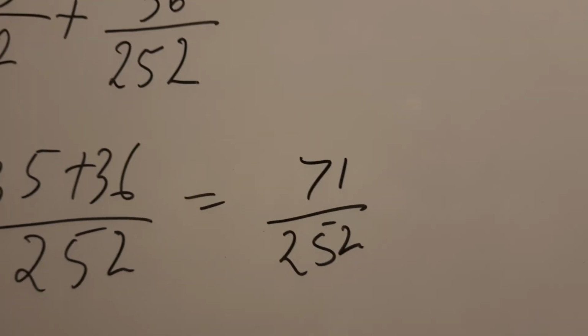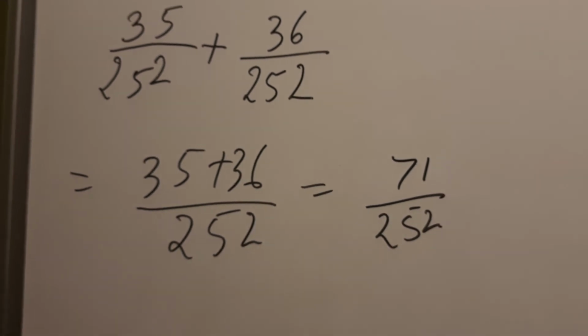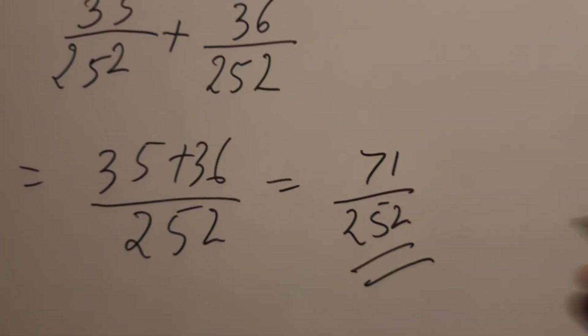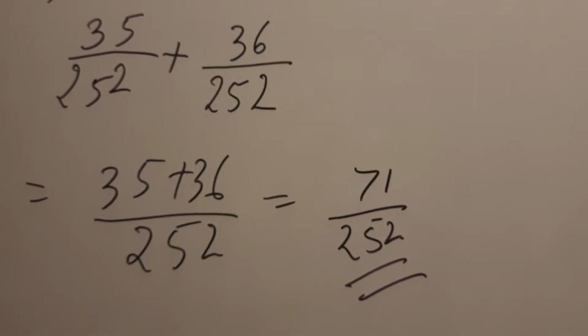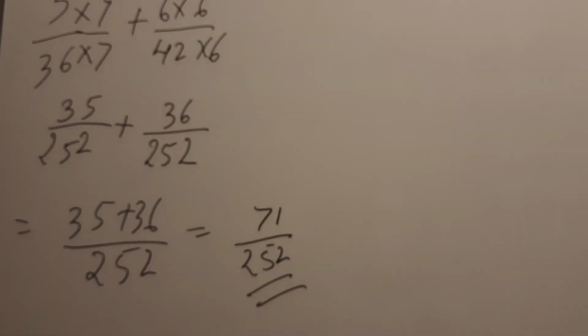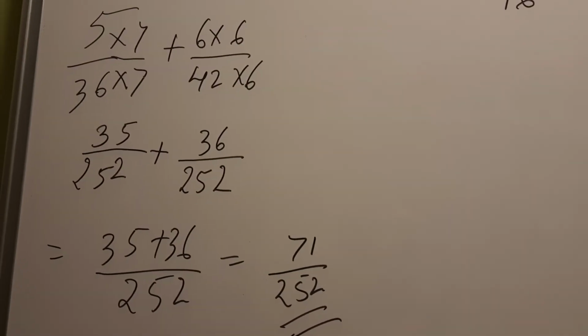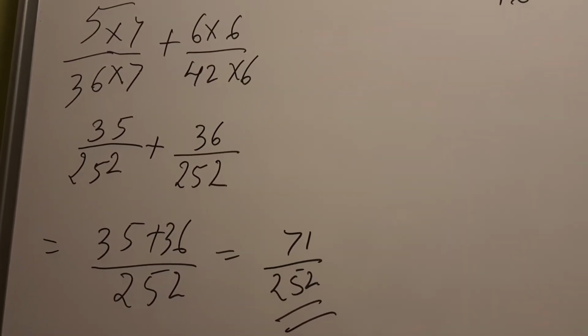Now let us try to reduce that or check if we can leave it as it is. So this is our final answer, 71 upon 252, children. Understood, no? Carrying out the following additions of rational numbers is similar to your fractions, how you add them.